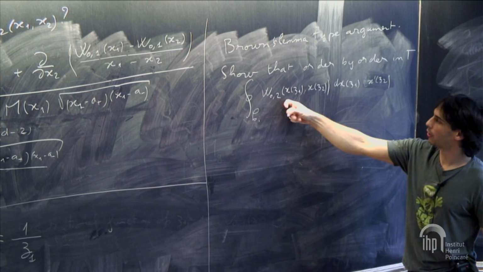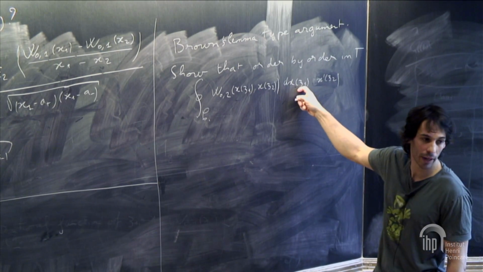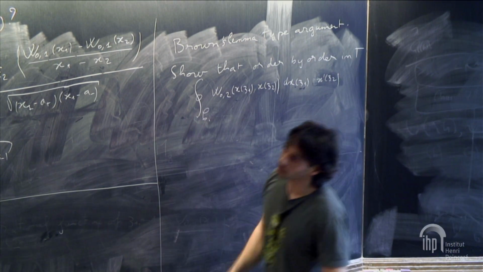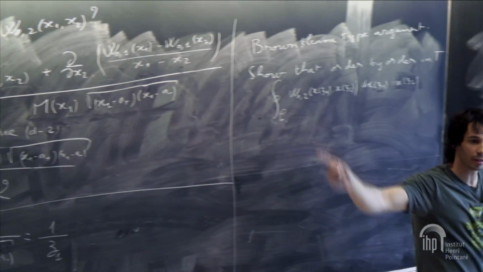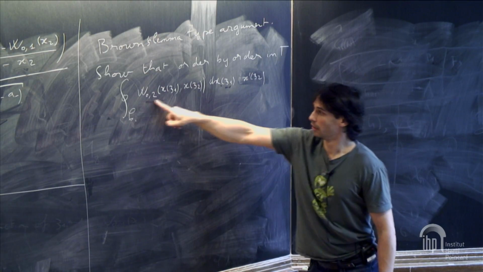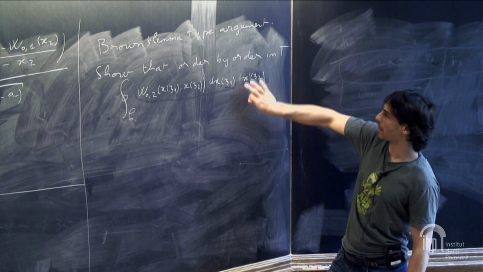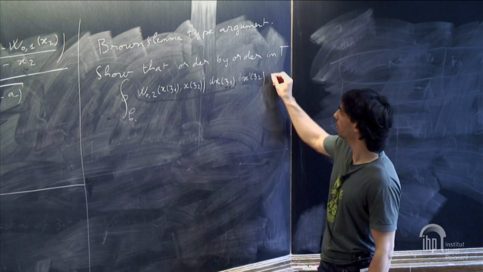so if you take W02 of x of z1, x of z2, dx of z1, and by the way, now you start seeing why I multiply by x prime of z1. It's in order to have that what I've got there, if I multiply by dz, gives me such a differential. Can multiply by x prime of z2, it doesn't give any contribution.